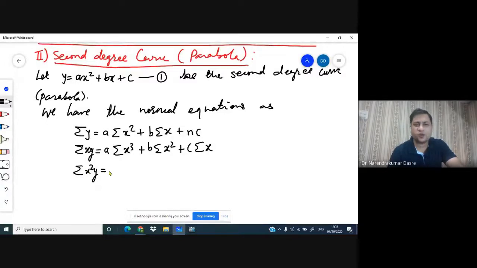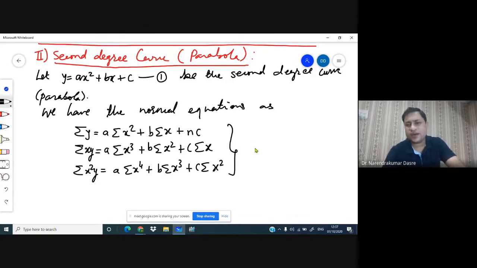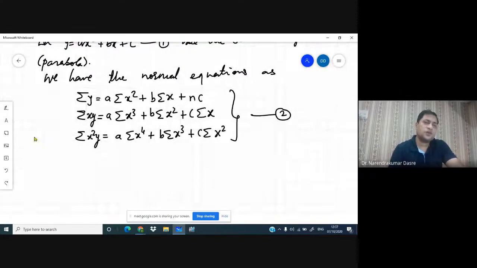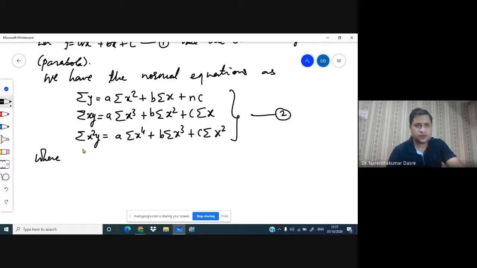Summation x square y, a times summation x raised to 4, b times summation x cube, c times summation x square, and this is equation 2, where n is equal to the number of observations.